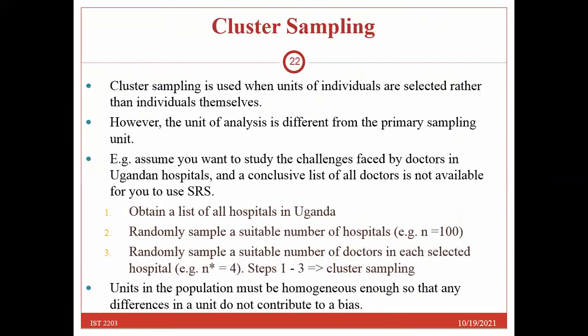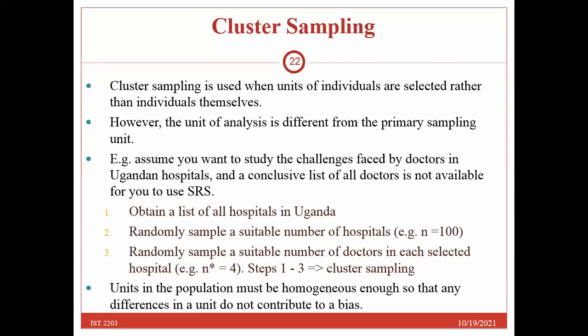And then we have cluster sampling. This is used when groups of individuals are selected rather than individuals themselves. However, the unit of analysis is different from the primary sampling unit. For example, assume you want to study challenges faced by doctors in Ugandan hospitals, and a conclusive list of all doctors is not available for you to do simple random sampling.